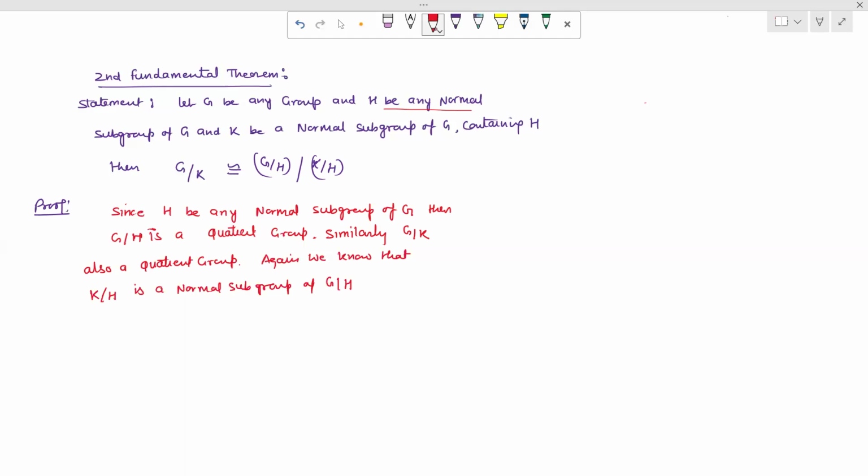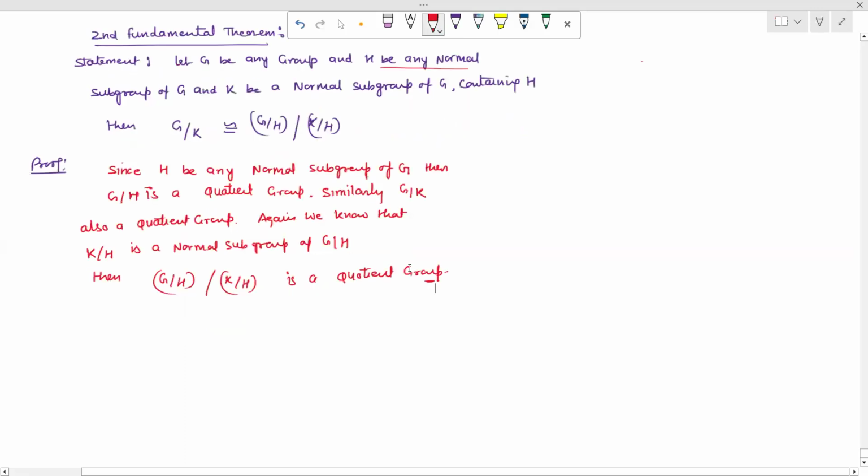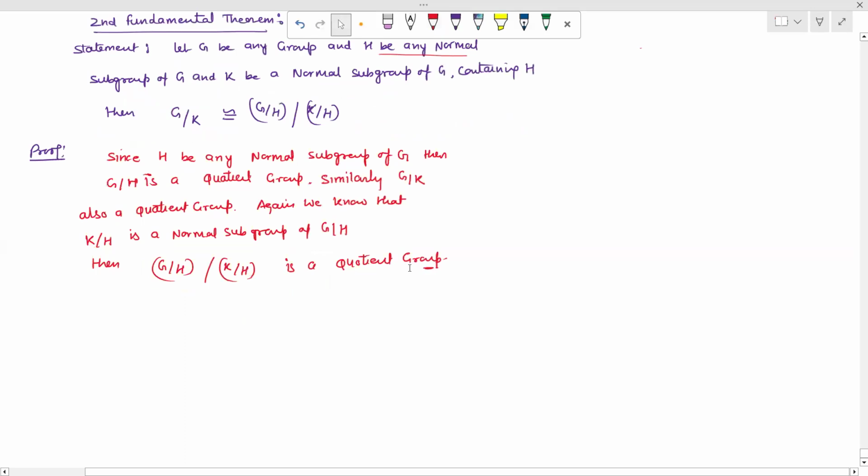So when K/H is a normal subgroup of G/H, then we can say that (G/H)/(K/H) is a quotient group. So when G is a group, and H and K are normal subgroups of G, then we have (G/H)/(K/H) is a quotient group.